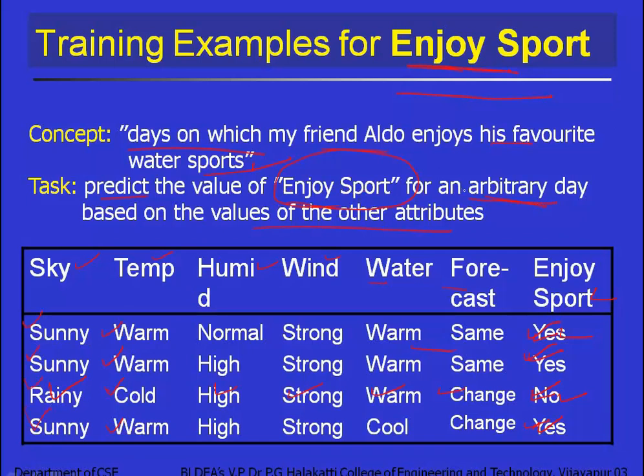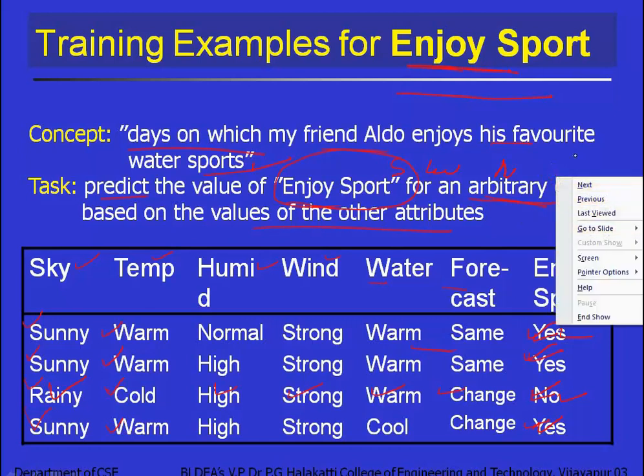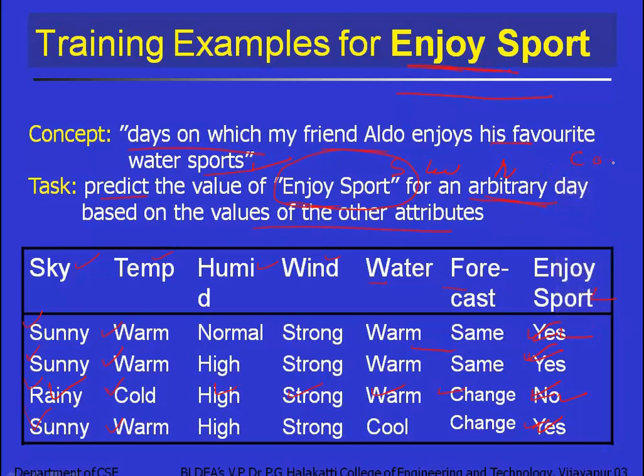So arbitrary day means sky is equal to, it may be sunny, temperature equal to warm, humidity equal to normal, wind equal to strong, water equal to cool, like this. So these are the values, and forecast equal to something else. But in the prediction time there is no label for that. It is a test data set. Test data set means there is no label, and we need to predict that label based on the training data set.